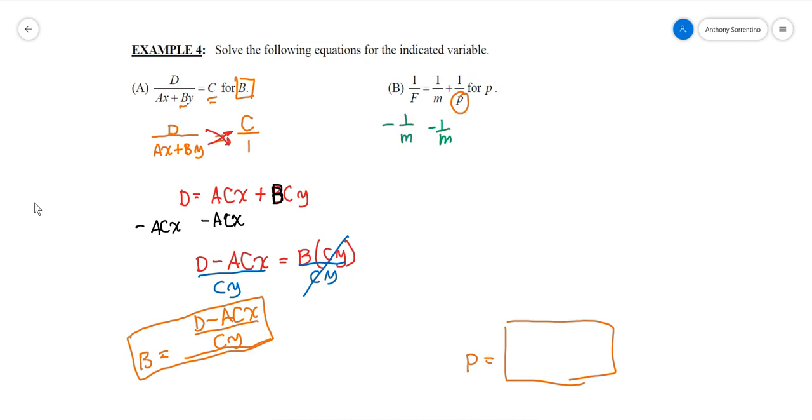And so I have 1 over f, that's a sloppy looking f, minus 1 over m equals 1 over p.